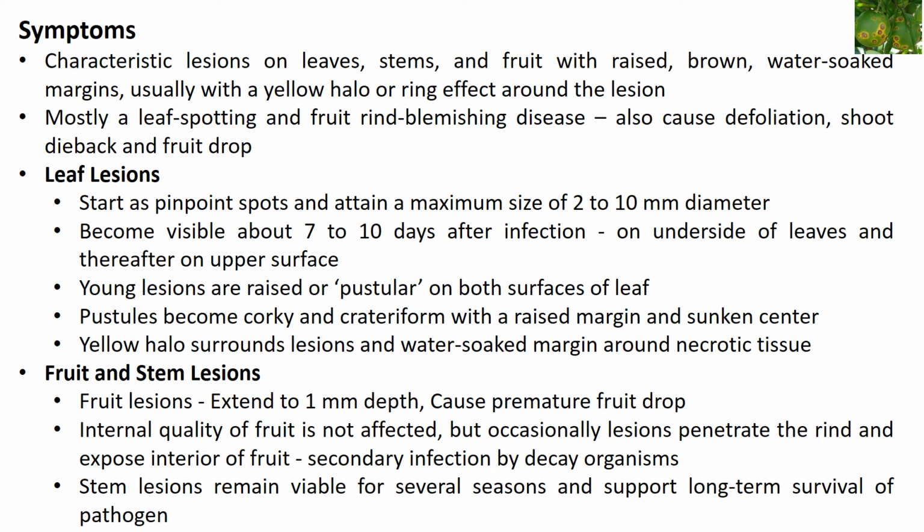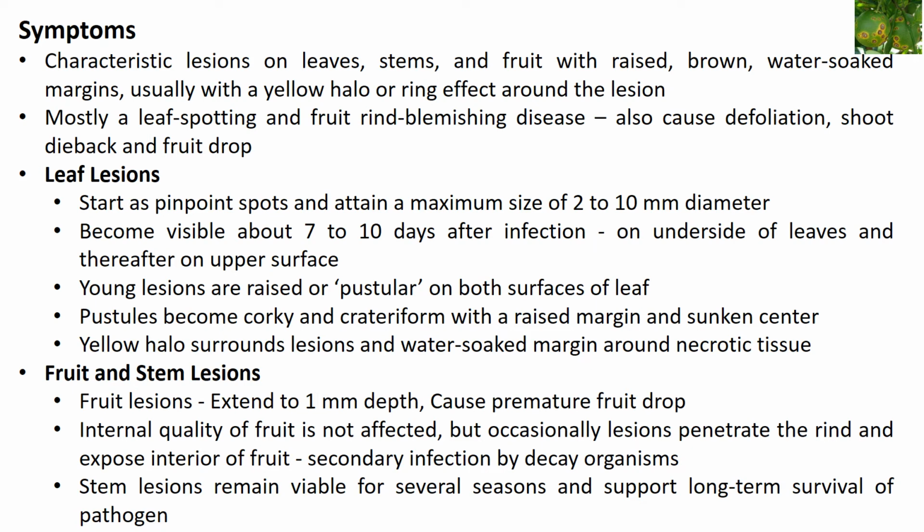The young lesions are raised or pustular on both surfaces of the leaf, and these pustules then become corky and crater-form with a raised margin and sunken center. There will be a yellow halo that surrounds these lesions and water-soaked margins around the necrotic tissue.